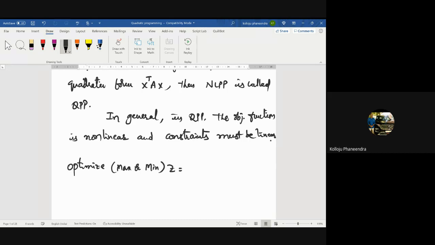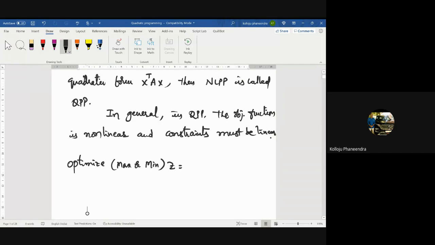See the objective function, all of you, this is very important. Summation Cj into Xj, n variables are there, so j equal to 1 to n means C1 x1 plus C2 x2 up to Cn xn. That means a linear function here.